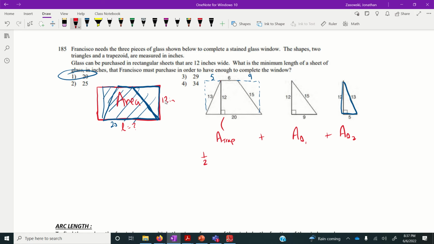So we do 1/2 the height, which is 12, times the sum of the bases, which is 6 plus 20, plus 1/2 the base times height, which is the legs, so 9 times 12, plus 1/2, once again, the triangle is just the legs of the base and the height, 5 times 12. So half of 12 is 6 times 5. This is an area of 30. Half of 12 is 6 times 9. This is an area of 54. And then this one's going to be 13 times 12. So let's see, that's 144 plus another 12. So 156.